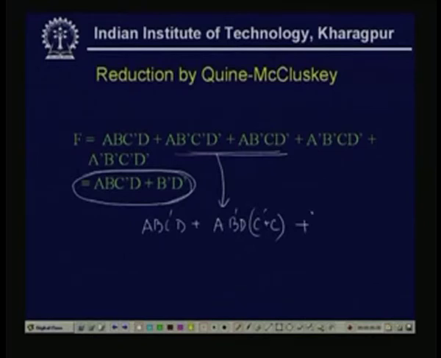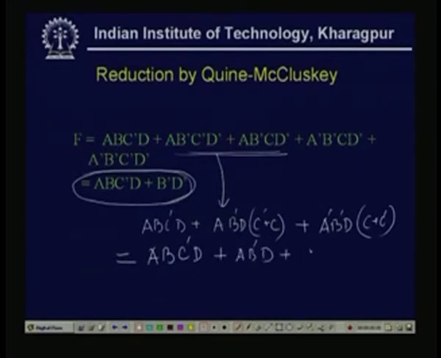Similarly, for the last two min terms, I can take a' b' d' common, again this will be c plus c'. Now, c plus c' is 1. So, this reduces to a b c' d plus a b' d' plus a' b' d'.